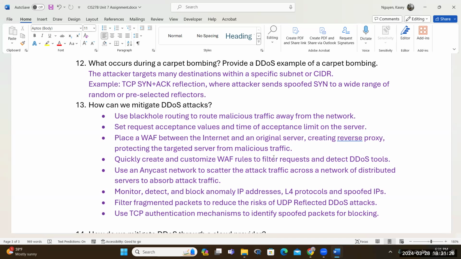But for the black hole, it would route it to a dead system, a null system, just away from your network, right? If we're talking about the DMZ area, the web application firewall can also inspect the packets.